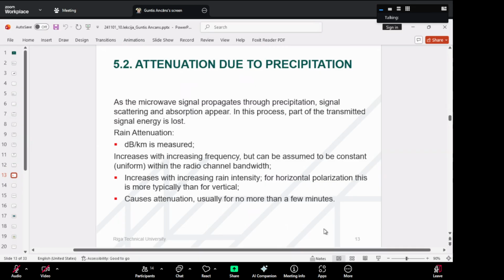In the case of rain attenuation, the measurement unit is decibels per kilometer. It means how much the signal is attenuated at each kilometer.